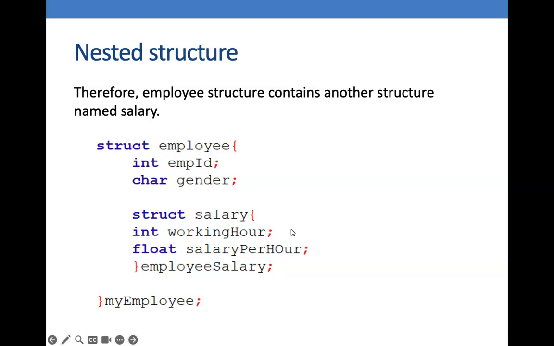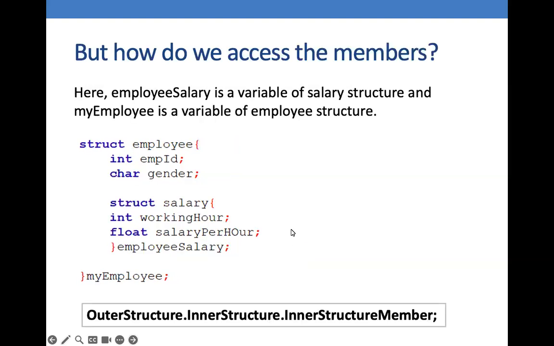So we can see here that my employee is a member of the employee structure, and then the employee salary is a member of the salary structure. Now, how do we access the members? For example, we want to access the working hour. How can we possibly do that?